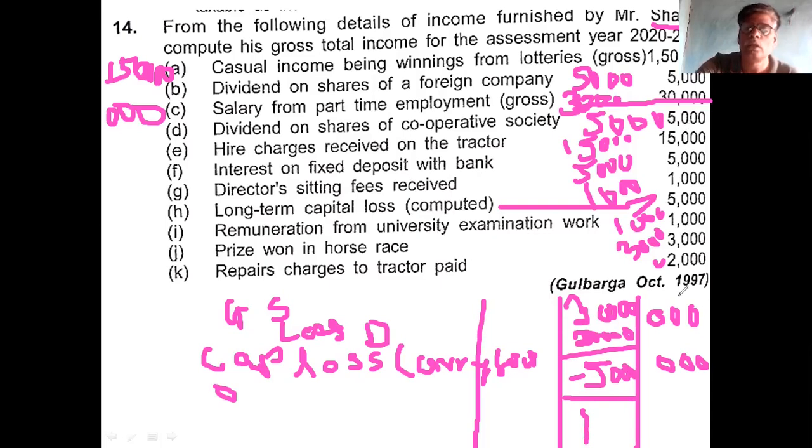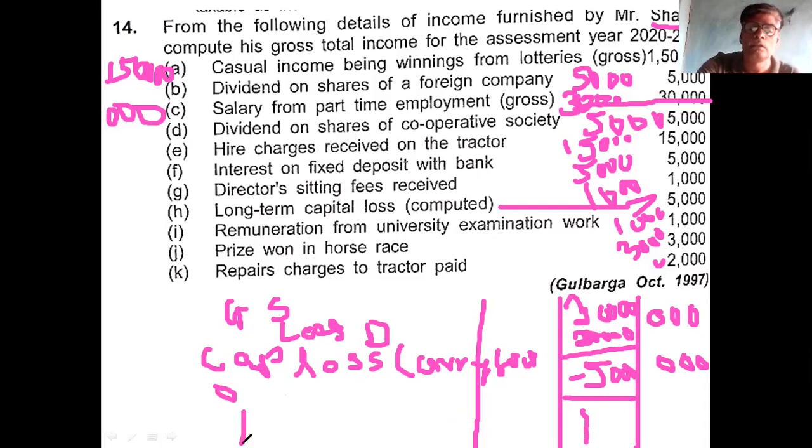1,85,000 is the total of other source gross. In that 1,85,000 you deduct the deduction under section 57, which is repairs to tractor 2,000. You deduct 2,000. 1,83,000 is your answer.